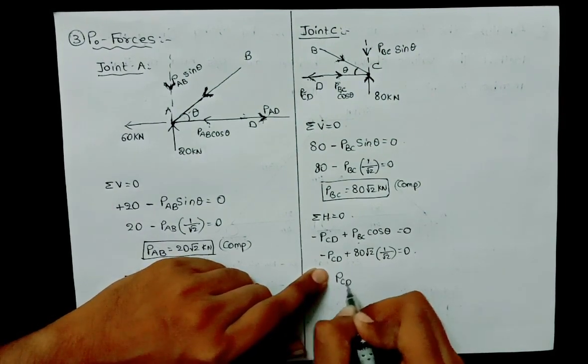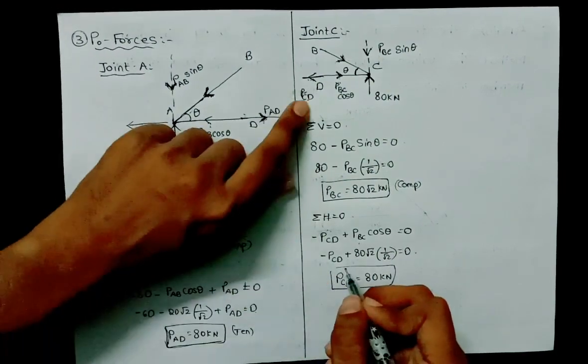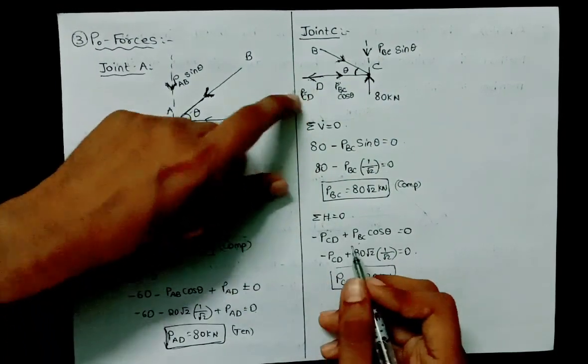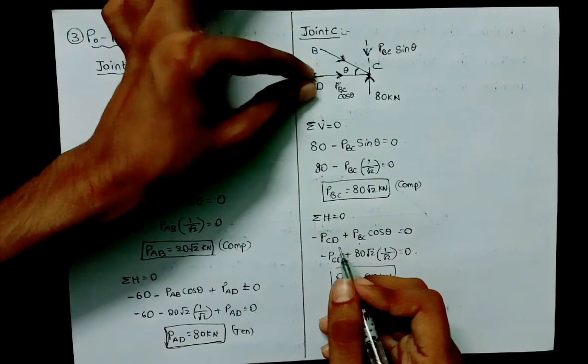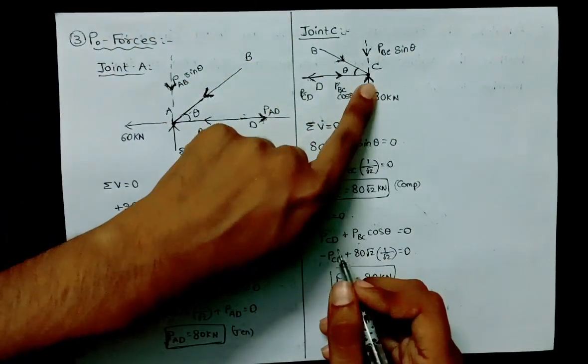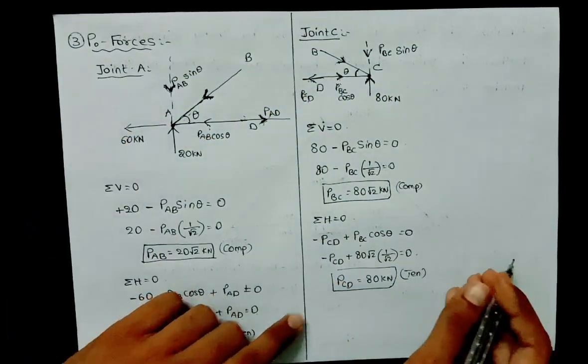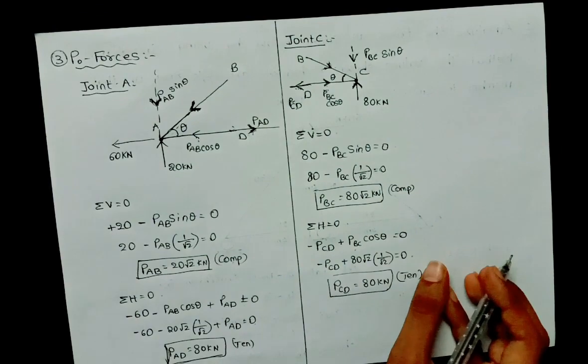From this we got PCD as 80 kilonewton. This 80 kilonewton is pulling this joint away from the joint, so it will be in tension. So we got the forces at joint C.